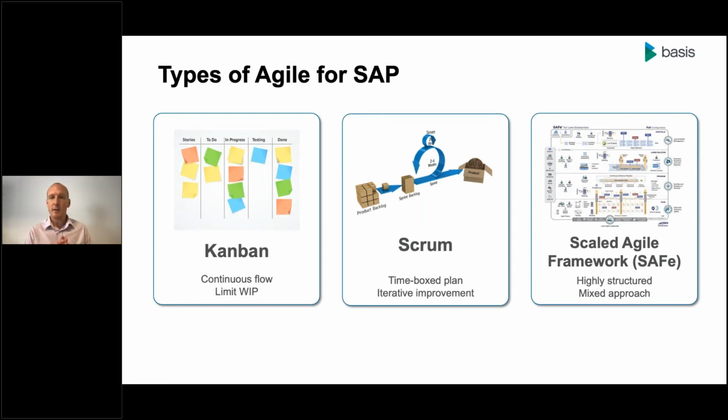And then the Scaled Agile Framework, I want to mention here because particularly as people who work in the world of SAP, often in big enterprises, across large complex IT systems, you're the kind of audience that may come across this idea. So SAFe, Scaled Agile Framework, is a quite highly structured approach to adopting Agile across an enterprise.